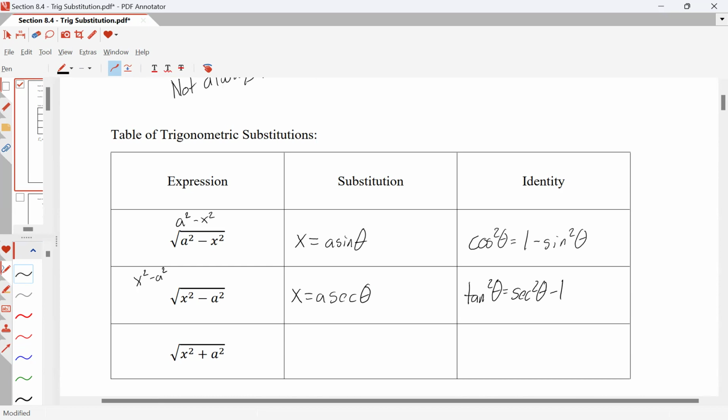So with this subtraction, after we make the substitution, it'll be able to turn into a tangent squared. And for the last form, x squared plus a squared, we use the substitution x equals a tangent theta, again because tangent squared theta plus 1 equals secant squared theta. So this x squared plus a squared will turn into an a secant squared theta.